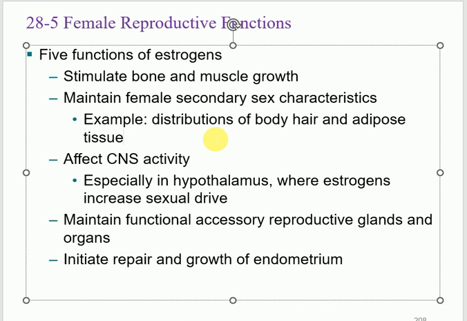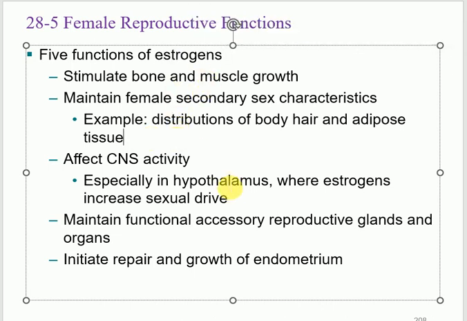The adipose tissue starts to distribute in a different way, starts to increase in the area of the breast, and in other different areas of the body, as you know how females change during puberty. Any change that you notice at that time, these are called secondary sexual characteristics, and these are under the effect of estrogen, just like testosterone.